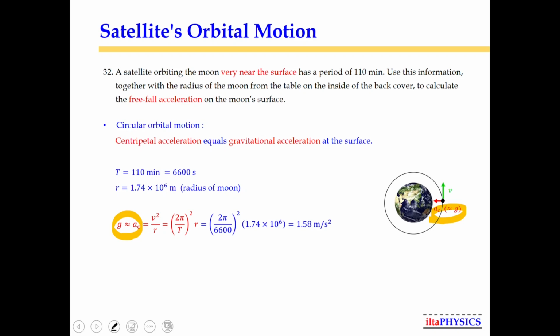Using the centripetal acceleration formula that can be used when the period is known, the gravitational acceleration is calculated as 1.58 meters per second squared. Since the Earth's gravitational acceleration is 9.8 meters per second squared, we can see through calculation that it has a small gravitational acceleration of about 1/6 in comparison.